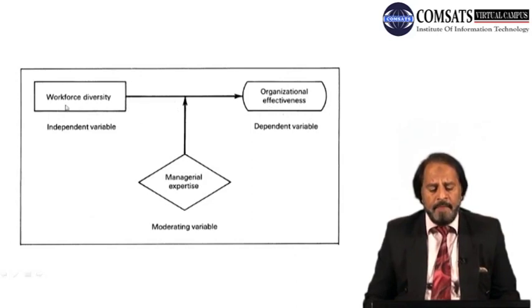The theory was the more diversified workforce you have, the more effectiveness they will bring in, because workforces from different backgrounds have different experiences and different ways of doing things.